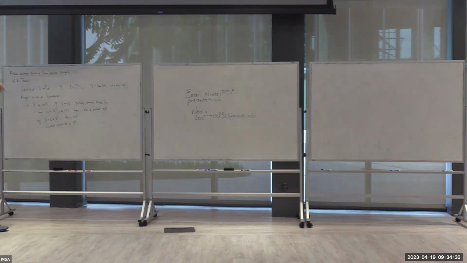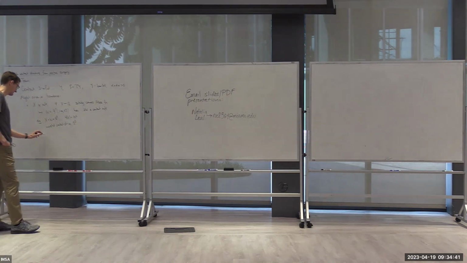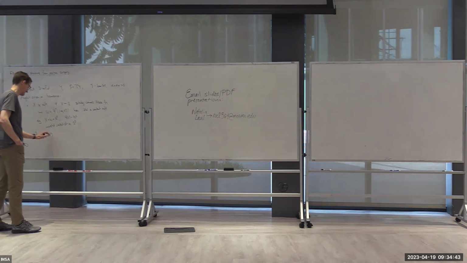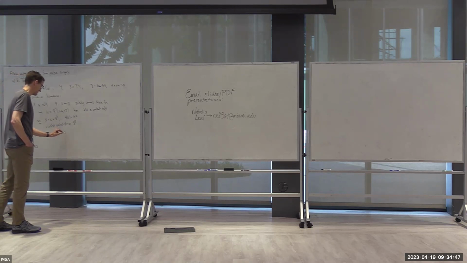This is the strongest version of a fillable contact structure. It's Stein fillable, but it could be maybe a little more relaxed. Say you have a symplectic manifold.